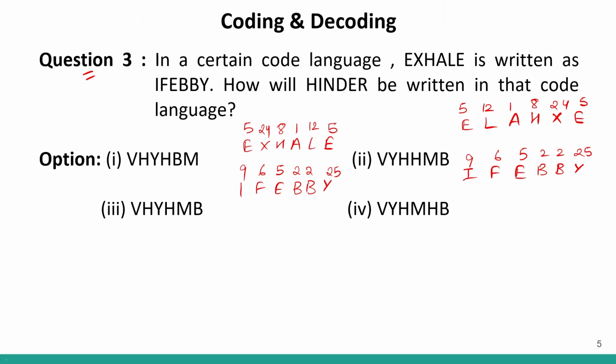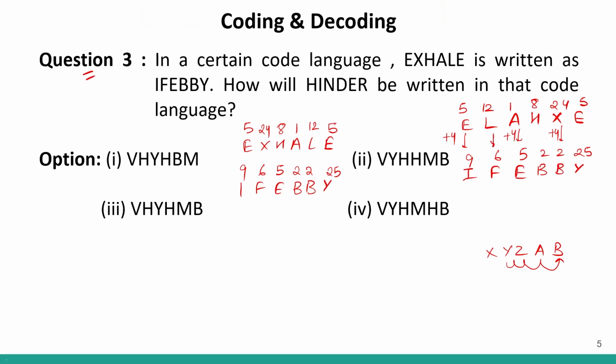Now I can see 5 to 9, we are going plus 4. 1 to 5, plus 4. 24 to 2 is also plus 4, because X, Y, Z and then A, B, the concept of looping. So 1, 2, 3, 4. From X, 4 positions forward will give me B.